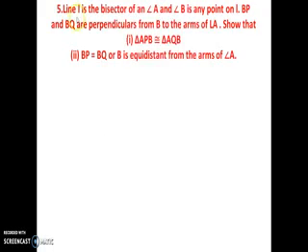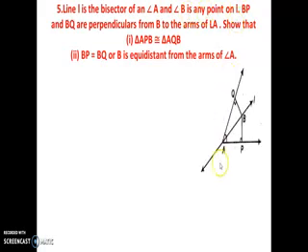and here it is, that is, line L is the bisector of an angle A and B is any point on L. Here is the figure. The line L is the bisector of angle A. You know that bisector means the line which divides the angle equally.